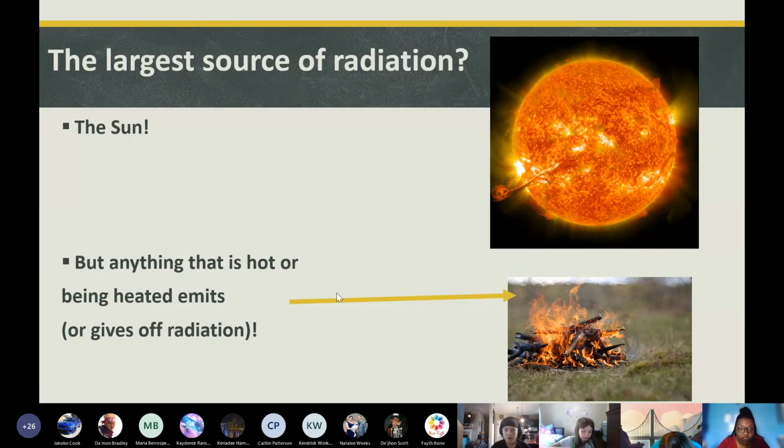So when we're thinking about the largest source of radiation, where we can see the most radiation being produced, it is the sun. The sun is the number one producer of radiation, radiated heat. Okay? But anything that's hot, anything that is emitting heat, is going to have radiation.